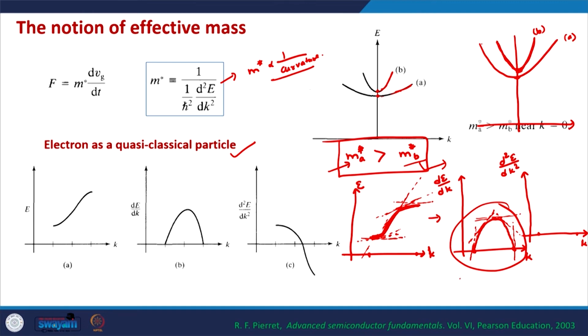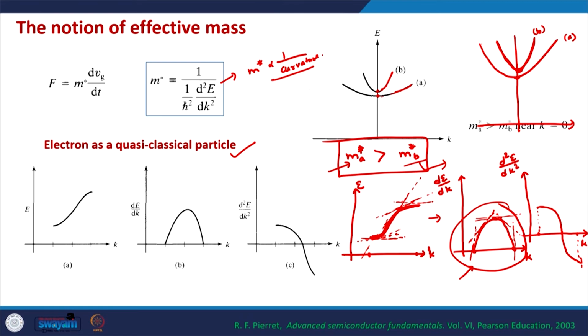So, the gradient of this plot, which will be the curvature of the Ek plot, is first positive, then it decreases, goes to 0, and then it becomes negative and then goes to a more negative value. So, this d2E by dk square plot will be, first it is positive, in the middle it goes to 0 and then it becomes a negative value, something like this.